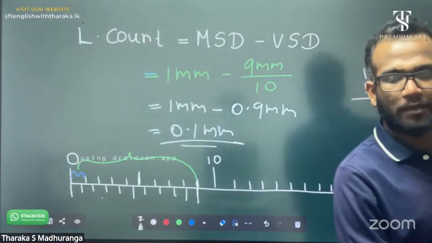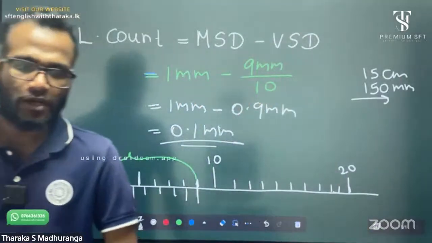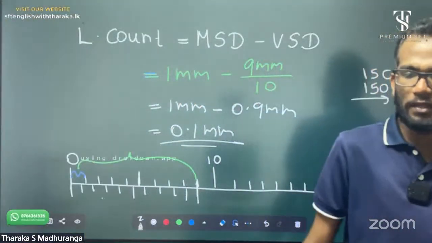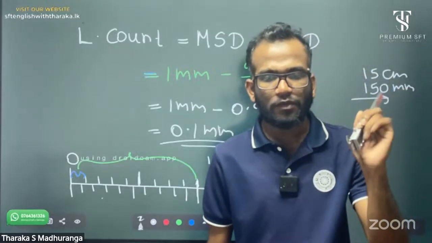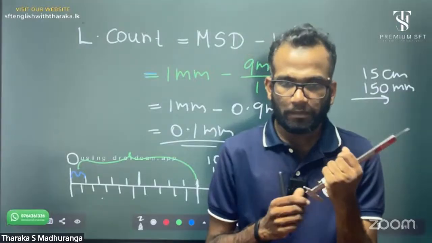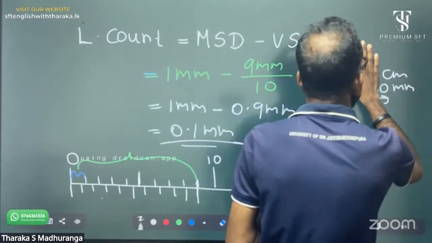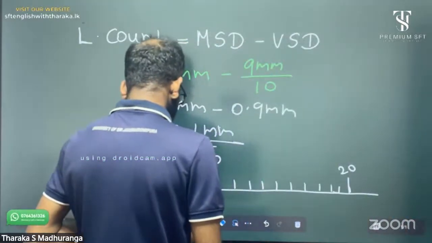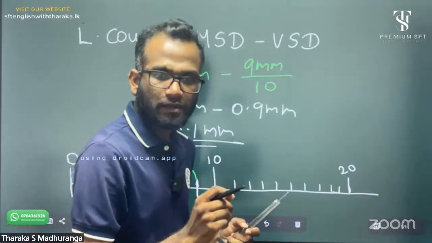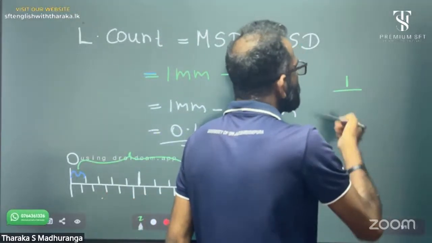This is the regular type, 9 millimeter divided into 10 vernier caliper. The least count is 0.1 millimeter. This type of instrument, the least count is 0.1 millimeter, right? Let's go for a short method. What's the short method to get the least count of vernier caliper? Yeah, the short method is 1 divided by vernier scale parts.